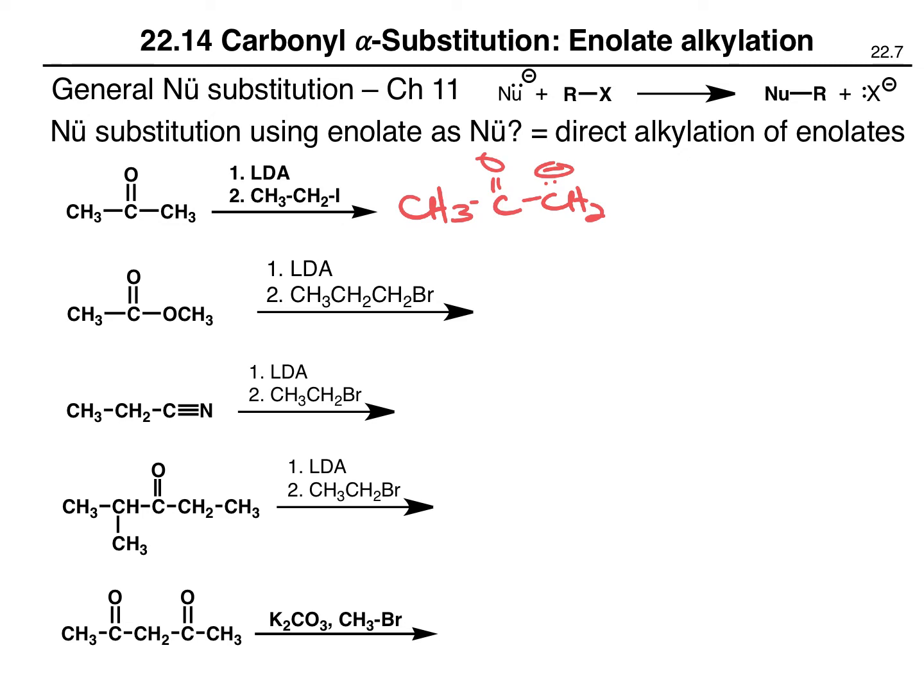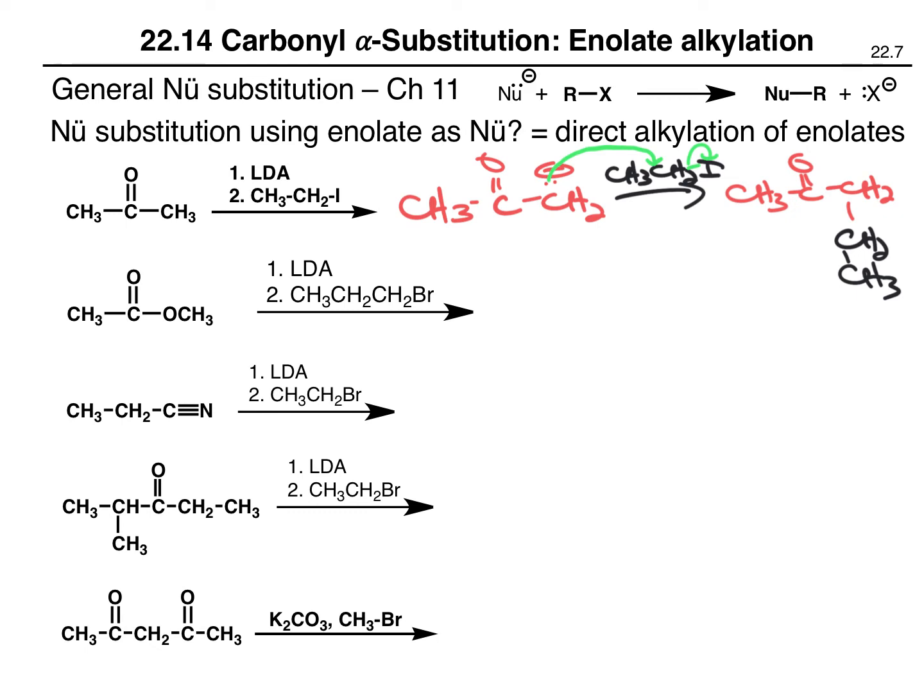And then if we add in the ethyl iodide, then this enolate will act as a nucleophile, share its electrons with this carbon, pushing away the iodide as a leaving group, giving us some of this product. So it is possible to do a direct alkylation of enolates, especially when LDA is used to form the enolate.